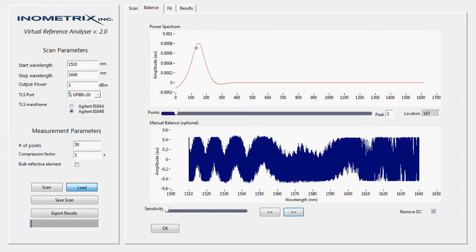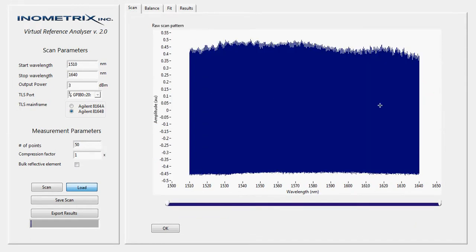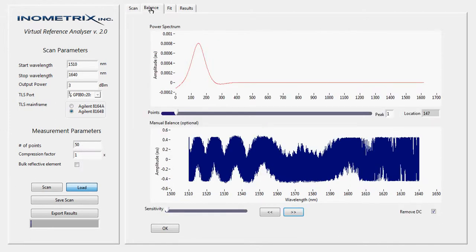And what we're going to do is take that group delay and simulate a free space Fabry-Perot cavity with the same group delay, and then generate an interference pattern. We're going to mix the raw interference pattern with a virtual interference pattern, a virtually generated free space Fabry-Perot interference pattern with the same group delay.